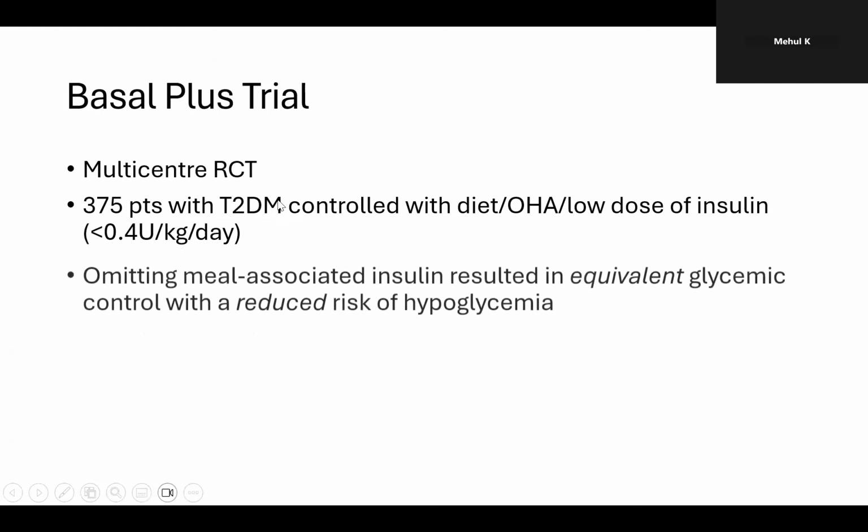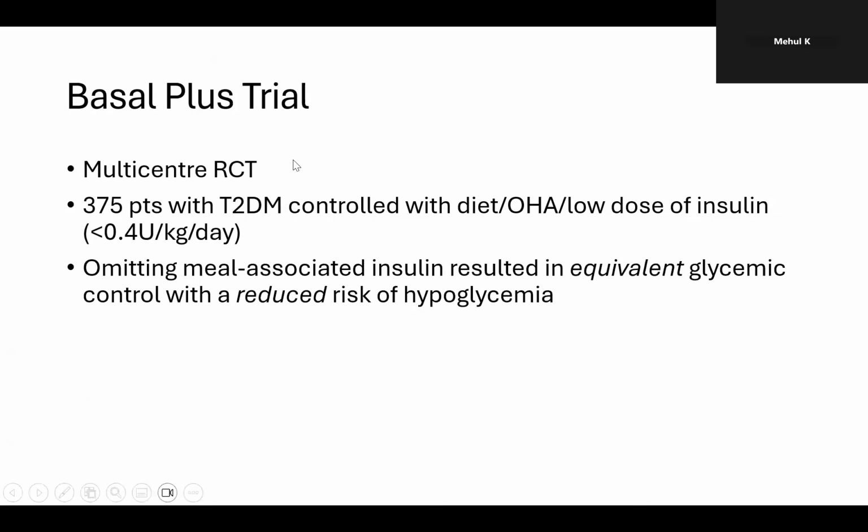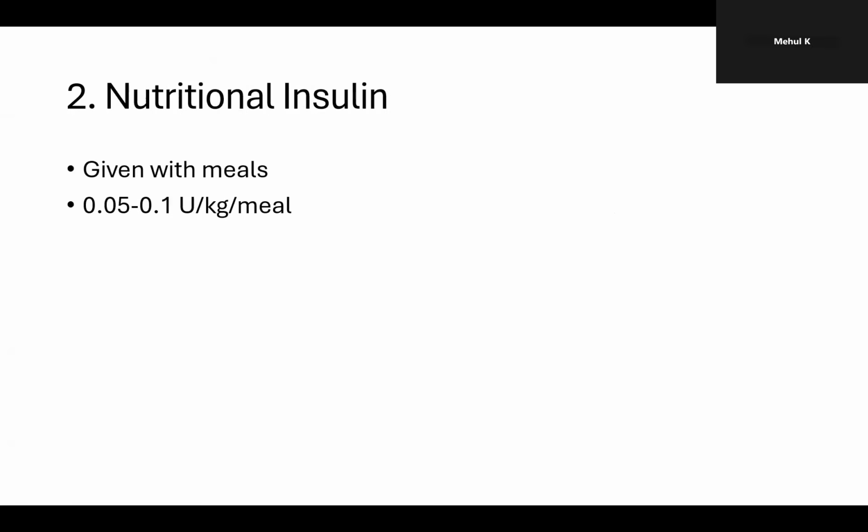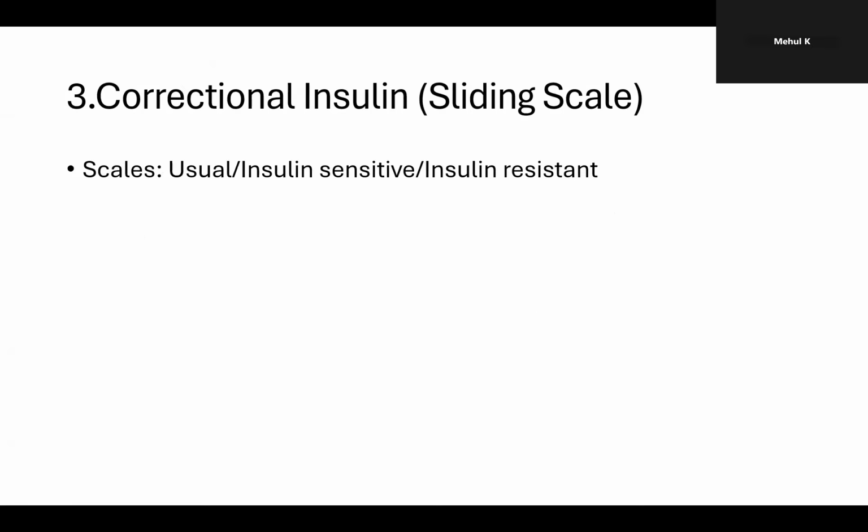They showed that if you omit the meal-associated insulin correction, it still resulted in equivalent glycemic control with a reduced risk of hypoglycemia. This was in patients with mild diabetes. In patients who have full-blown uncontrolled blood sugar, this is not applicable. But in patients with very mild diabetes, you can get away with not adding the correctional insulin as well.